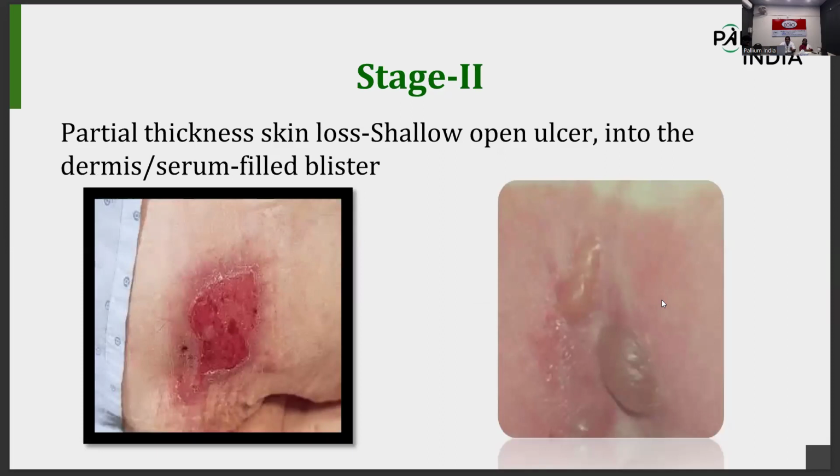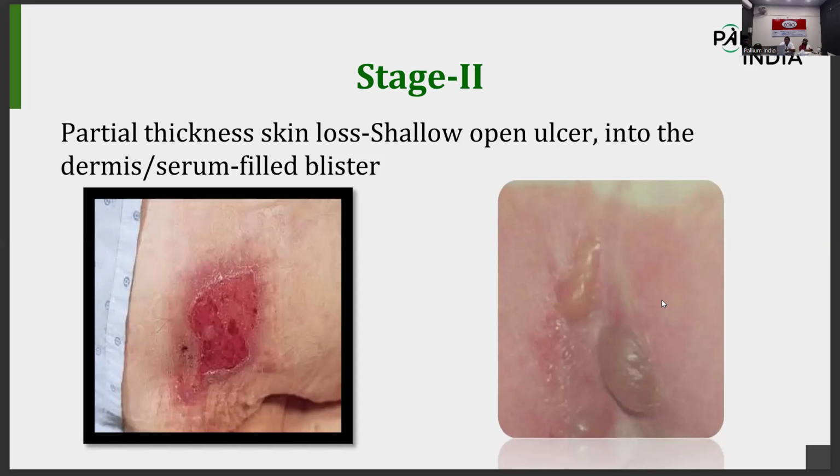In the second stage, there is partial thickness skin loss or shallow open ulcers into the dermis, or a serum-filled blister. These two pictures are stage 2. Sometimes it may present as blisters in some patients, and in some as a partial thickness wound, a shallow open ulcer into the dermis layer.